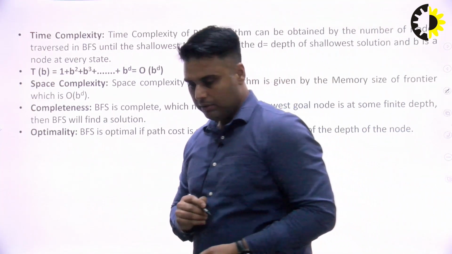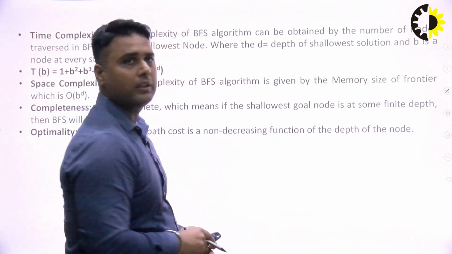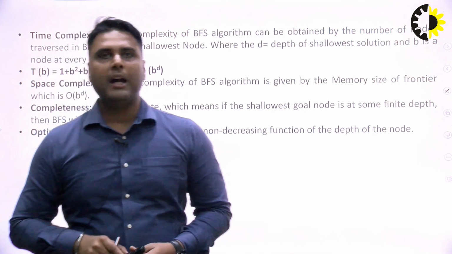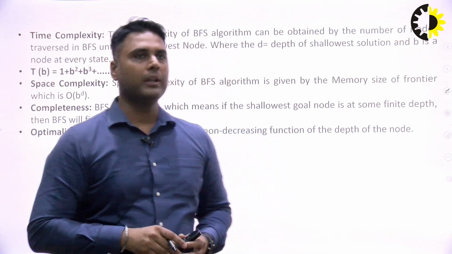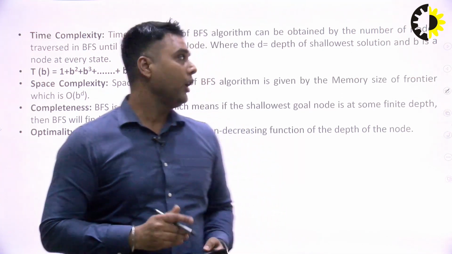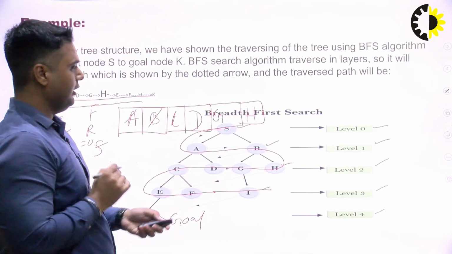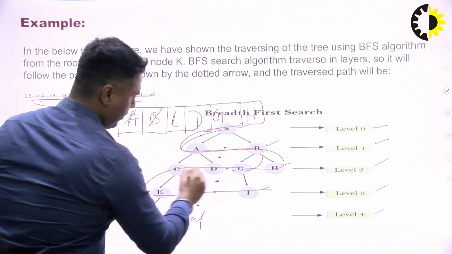Time complexity. The time complexity of the BFS algorithm can be obtained by the number of nodes traversed in BFS until the lowest node. The lowest node is this node. All nodes are covered.